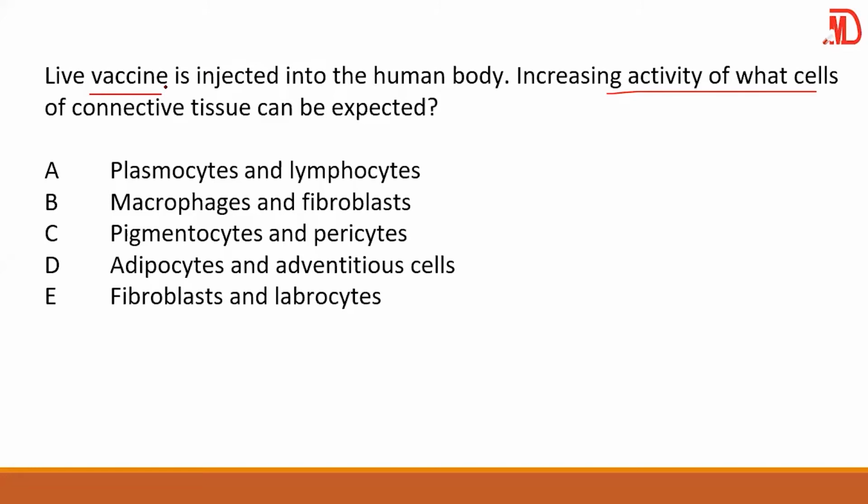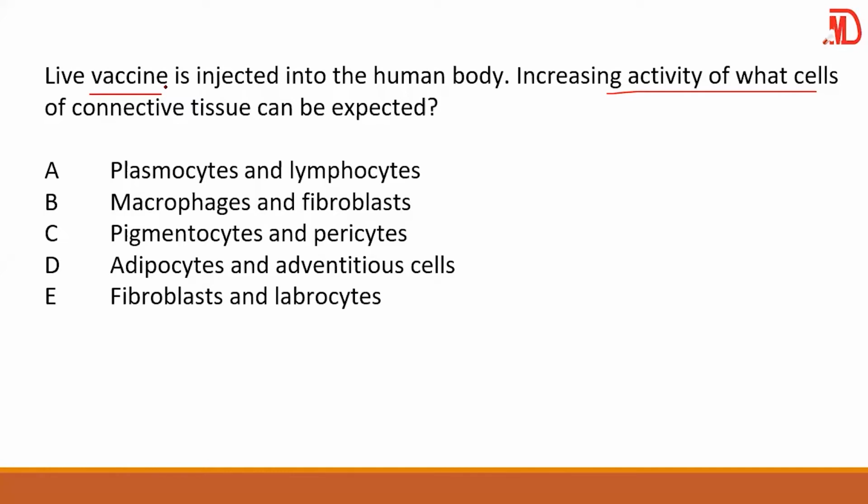The cells that are basically involved in all these antibodies are the lymphocytes and then the antibodies. And when we say antibodies, we are talking about what? The plasma cells, or the plasmocytes. The plasma cells differentiate to form all these immunoglobulins, or all these antibodies.